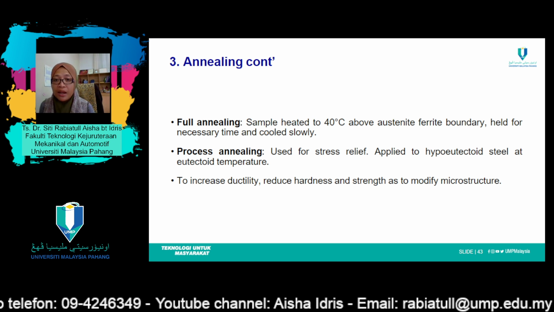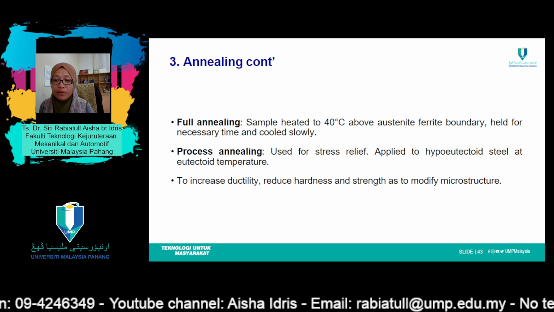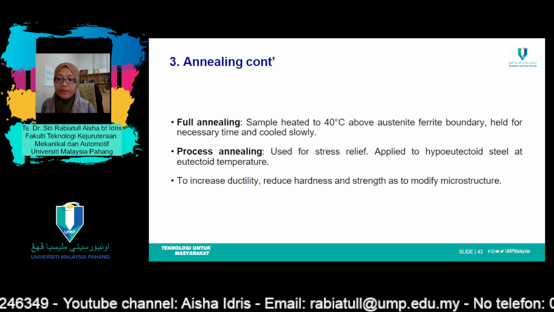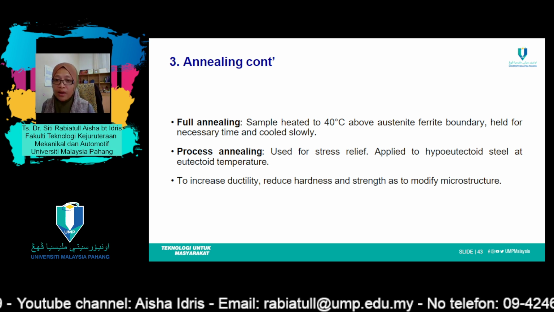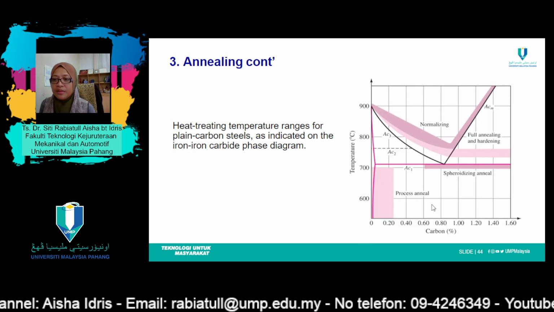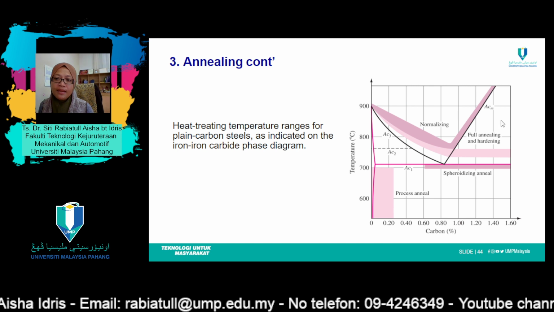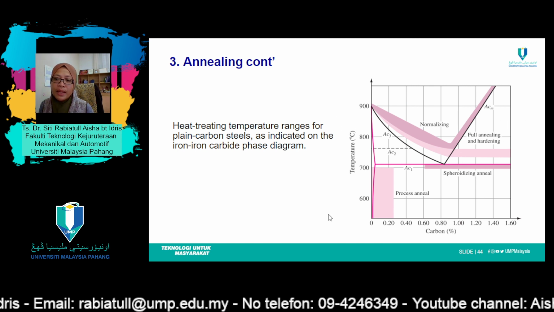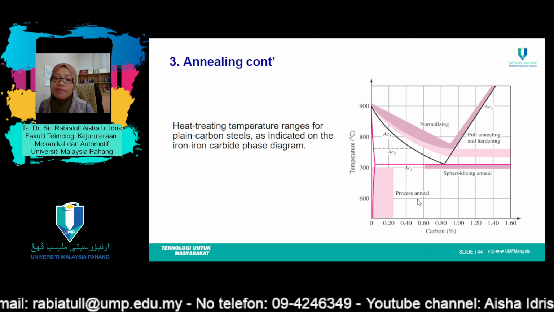The annealing process is used to increase ductility, to reduce hardness and strength, and to modify the microstructure. This is the location of annealing, this side, if you're referring to temperature and carbon percentage over here.